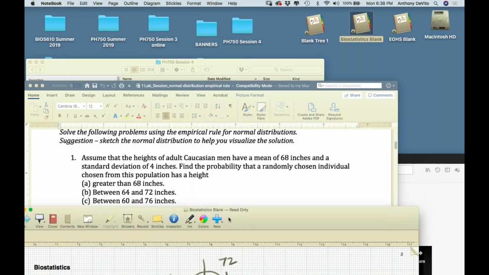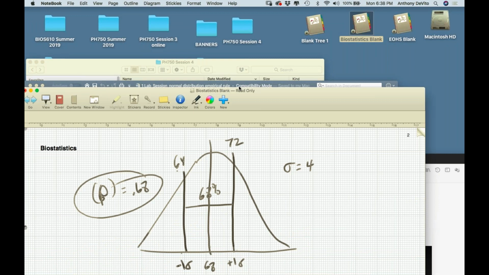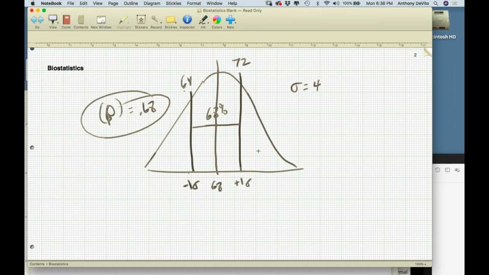Next question is between 60 and 76 inches.